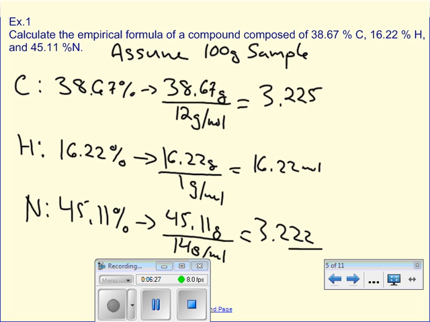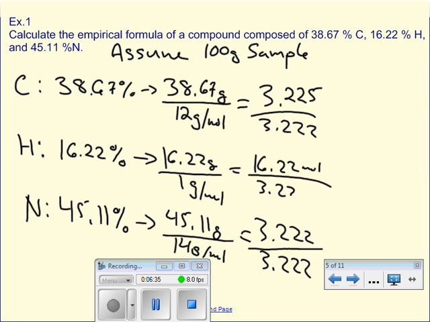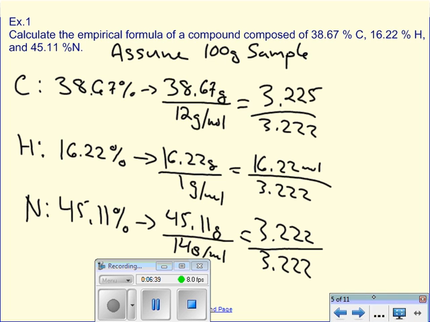I'm going to divide them all by the smallest value. So 3.22 divided by 3.22 is going to be 1. This one will be roughly 1. With this, we can play around, especially in the thousandths of a digit. And for 16.22 divided by 3.22, I'm going to get 3.